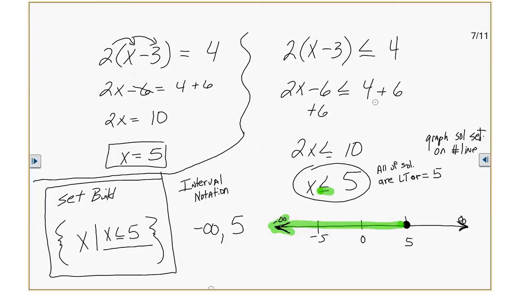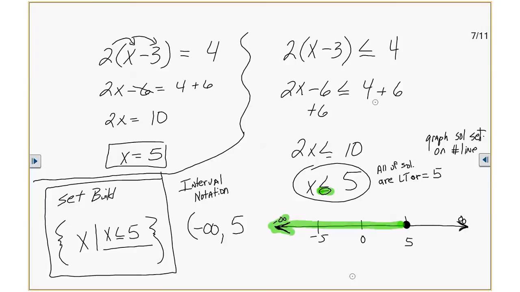So if I wanted to write the interval notation, the negative infinity will get a what? A parenthesis. Can I touch 5? Yes or no? Is 5 inclusive? Yes, it is. Why? What does that sign down there mean? It's equal to.